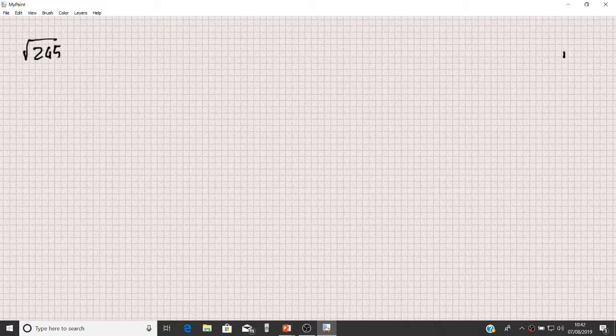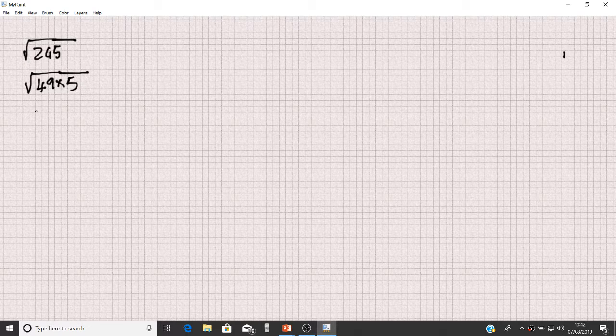245. So the idea here is to express it in terms of its prime factors. If I divide 245 by 5, I will get 49. 49 times 5 is 245. So we'll have the root of 49 times 5, and all of that is under the square root.